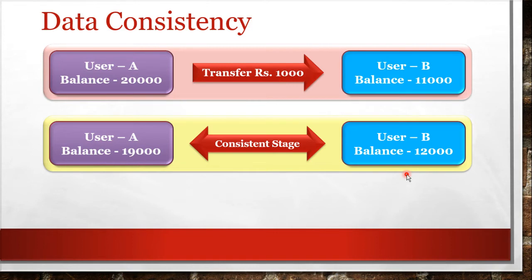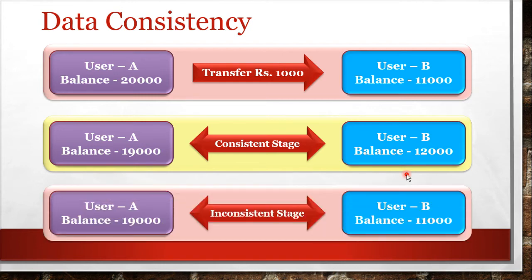But sometimes what happens is that the amount is deducted from user A's account but is not deposited to user B's account. This type of situation leaves the database in an inconsistent state.